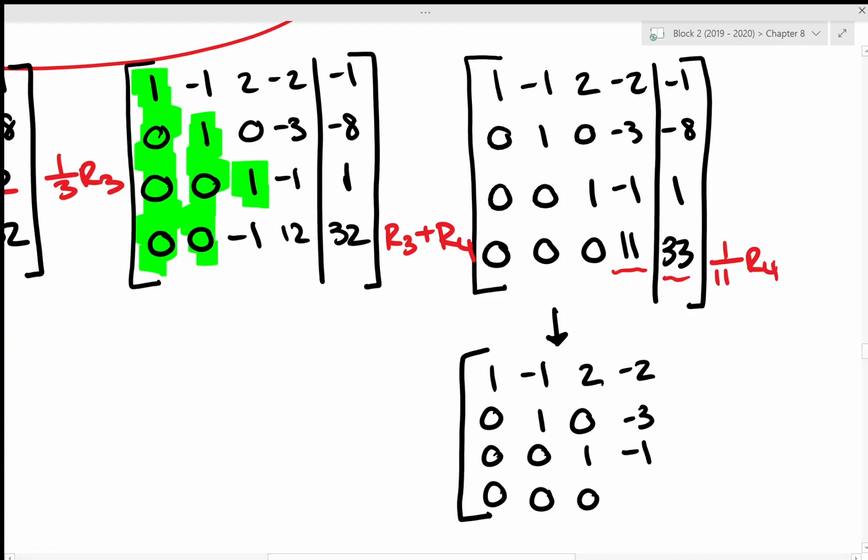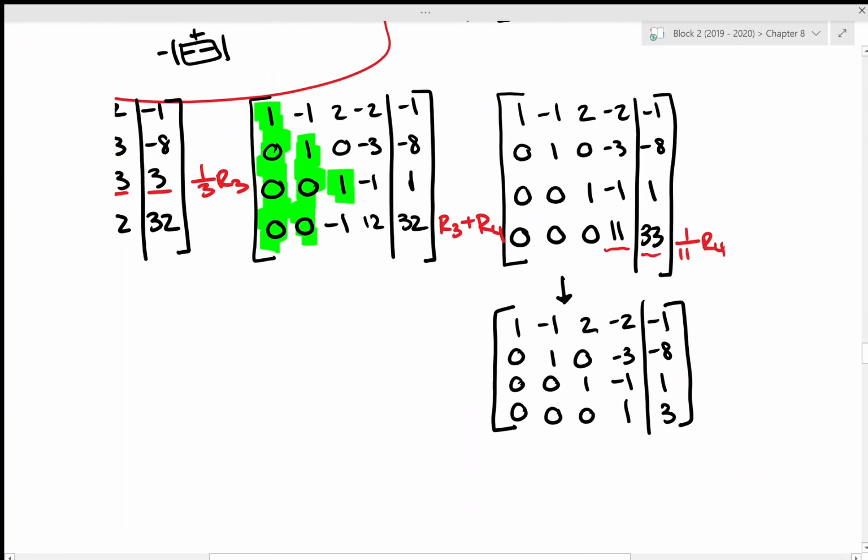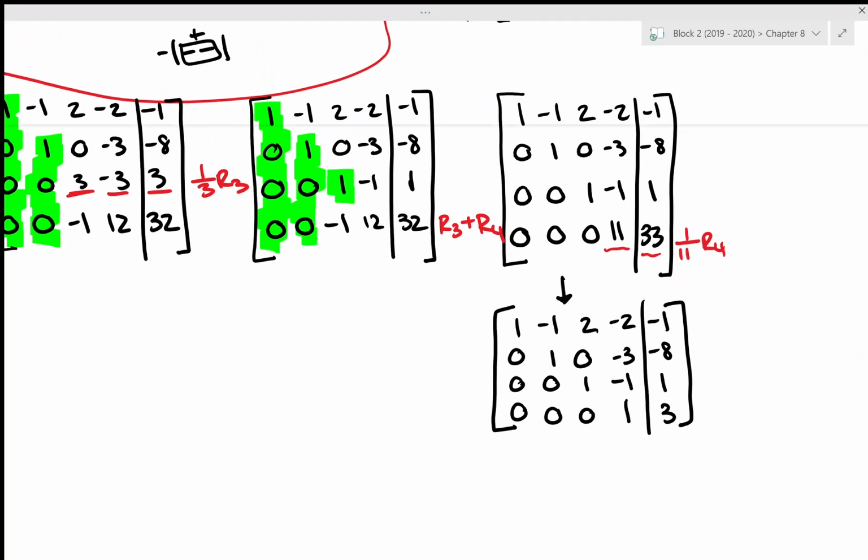Now that 11 becomes a 1. Line, -1, -8, 1, and that 33 becomes a 3. So we have our row echelon form. The main diagonal of 1 and all the zeros below.